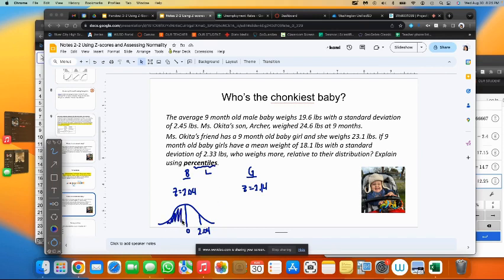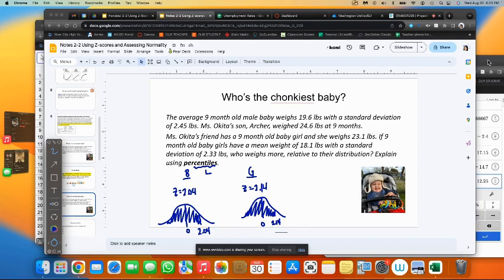So we're shading this area that we want to find. Same thing for the baby girl: we've standardized our score so we can use a standard normal distribution. 2.14 is somewhere up here, and since we're looking for percentile, we're shading the area to the left.